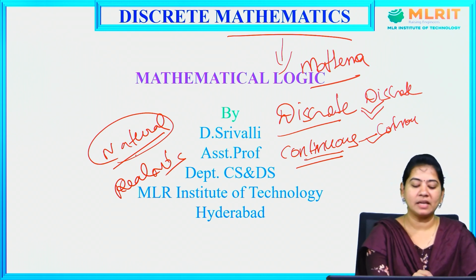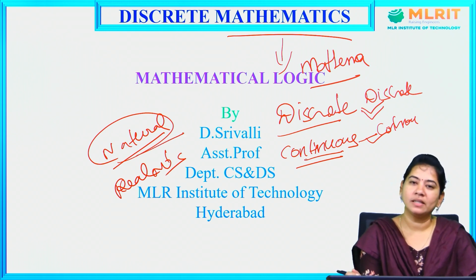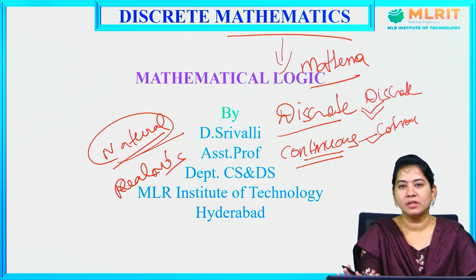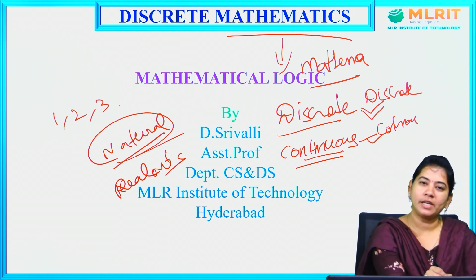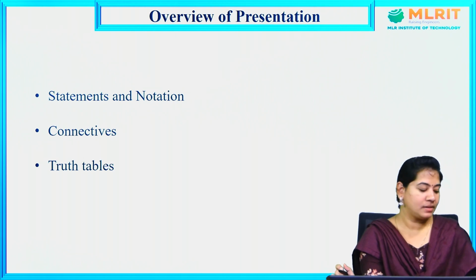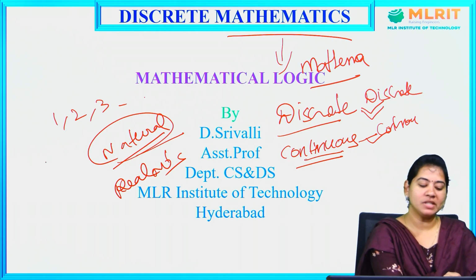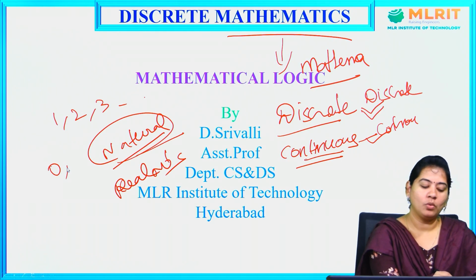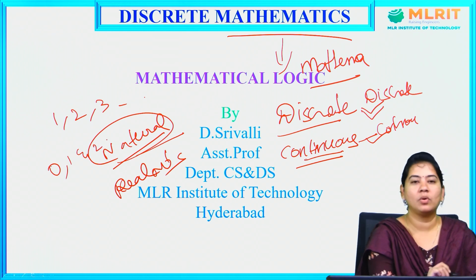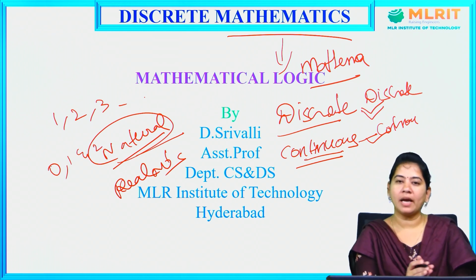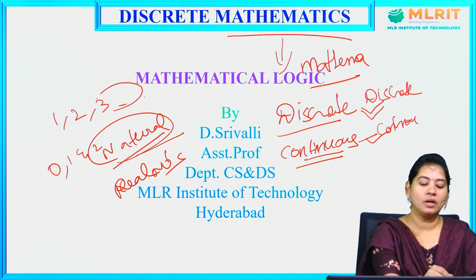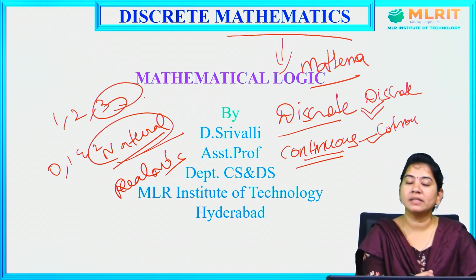How can we say that natural numbers are an example of discrete mathematics? Basically natural numbers start from 1, 2, 3, and so on, whereas real numbers start like 0, 1, 2, 3, and so on. There is a sharp transition between 1 and 2. So natural numbers are discrete in nature.